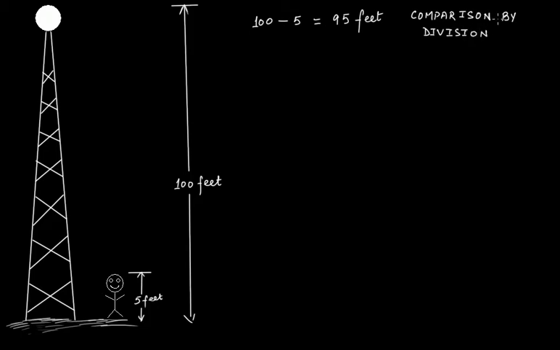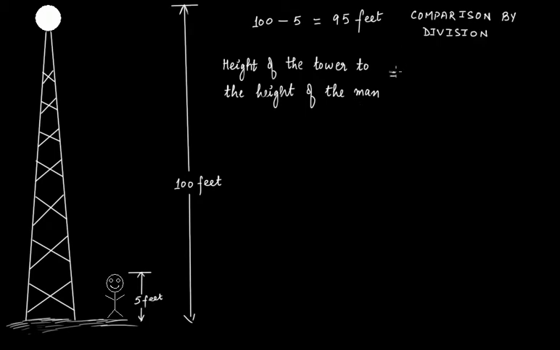And what is that? If I say that I'm going to compare the heights of this TV tower or the mobile tower and this man by using division, that is, the height of the tower to the height of the boy or the man is equal to, this is 100 feet, and this division sign, that is we are using division, and this is 5 feet.